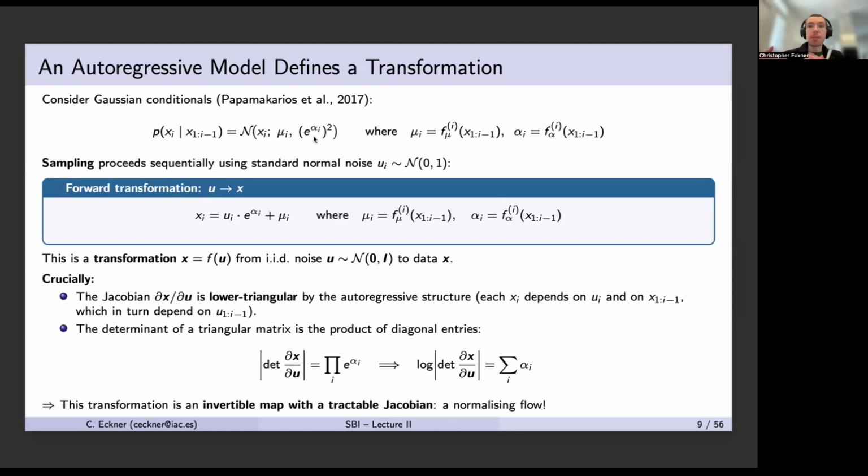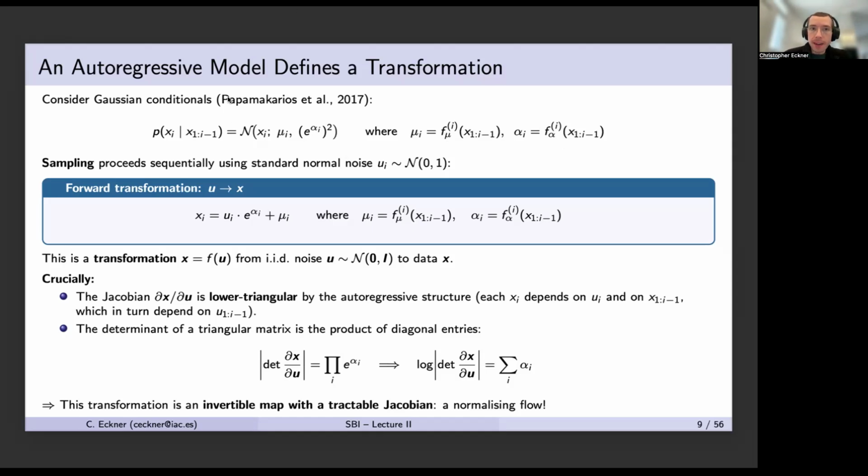These come from parameters, and these parameters are in turn parameterized themselves as a certain function. This function then acts on exactly these parameters from 1 to i minus 1 for mu and alpha.